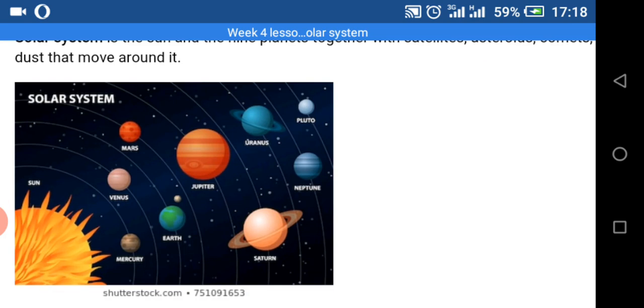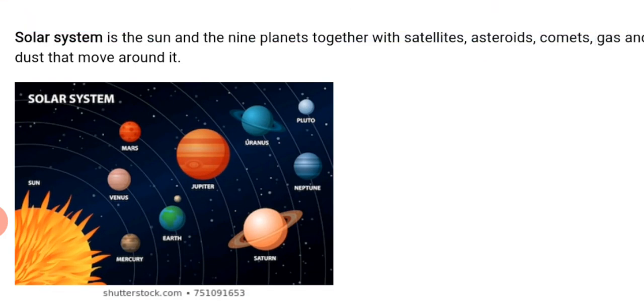The picture here shows us the sun, in which the 9 planets move around it. That is why we said solar system is the sun and the 9 planets together with asteroids, comets, gas, and dust that move around the sun.